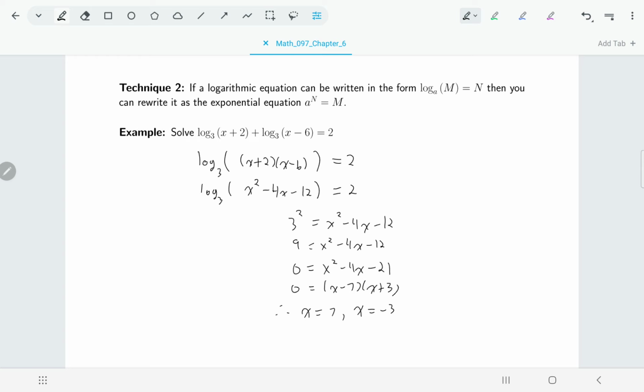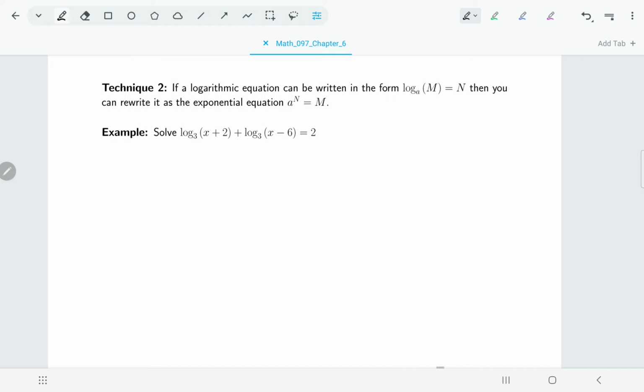And same thing as before, we're going to have to check our solutions because it's possible that one or both of these might be extraneous. So if I'm going to do that again, I need to make sure that I'm checking in the original equation, not in one of the subsequent lines, because we want to know, does the original equation get solved by 7? Does the original equation get solved by negative 3?